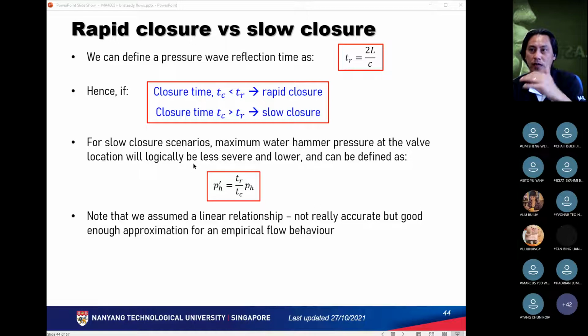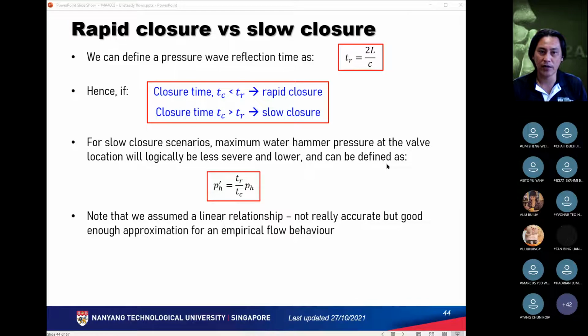Intuitively, the pressure experienced by the valve is not going to be as high as the one experienced for a rapid closure, which is the maximum water hammer pressure. So the water hammer pressure for a slow closure scenario will be less severe and lower than the maximum water hammer pressure for a rapid closure.